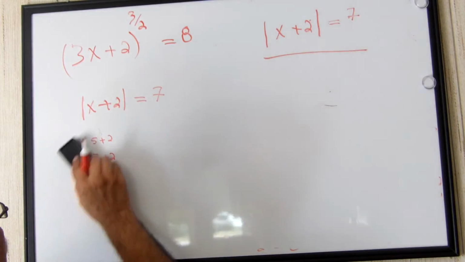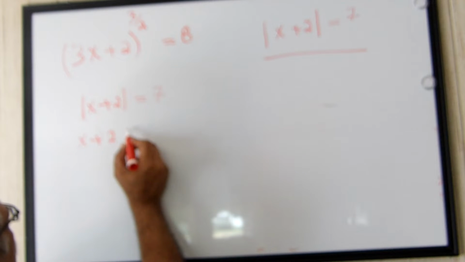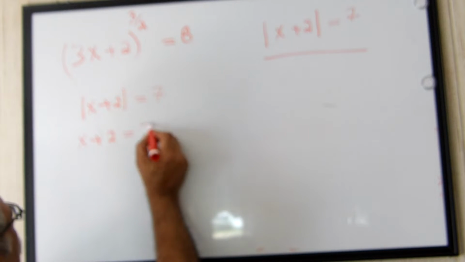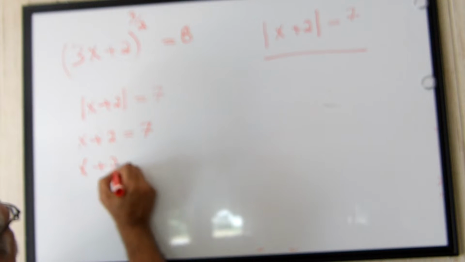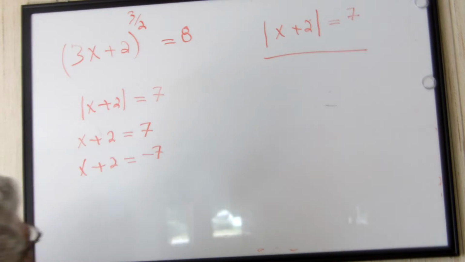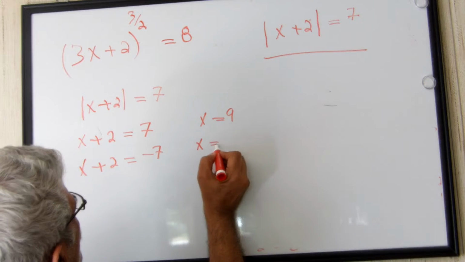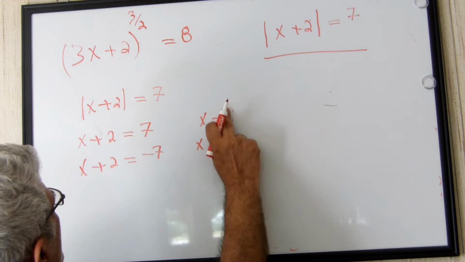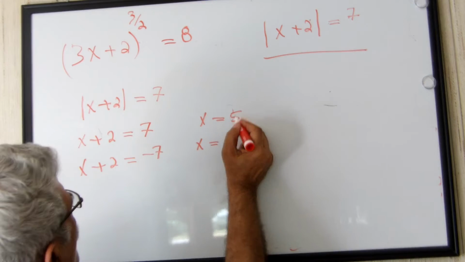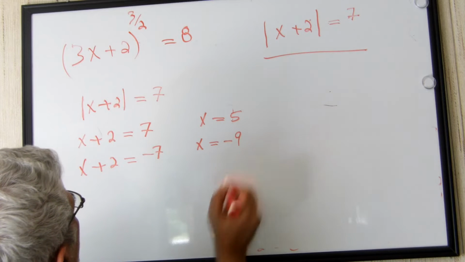So let's finish this one. We can say that x plus 2, because x can have two values, is either 7 or minus 7. So we have two answers here. x is equal to 7 minus 2, which is 5, and minus 2 minus 7, which is minus 9.